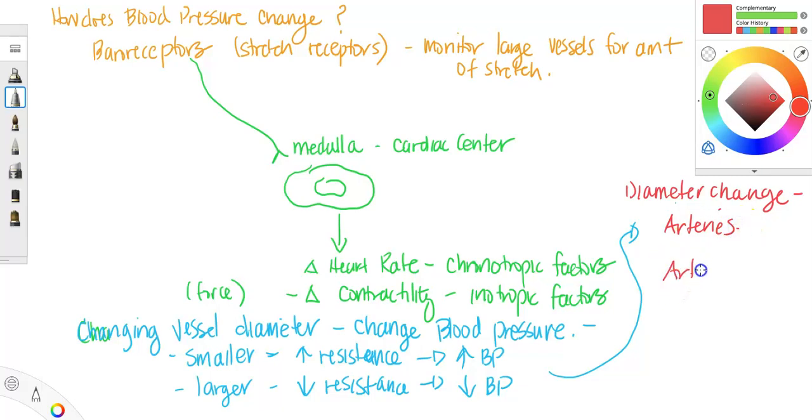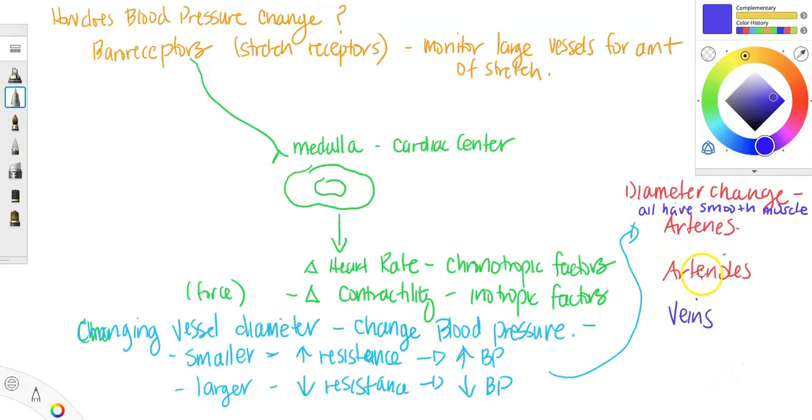Arterioles change in diameter. And veins change in diameter because they all have smooth muscle. Those are the three types of vessels that have smooth muscle, so they can change their diameter.